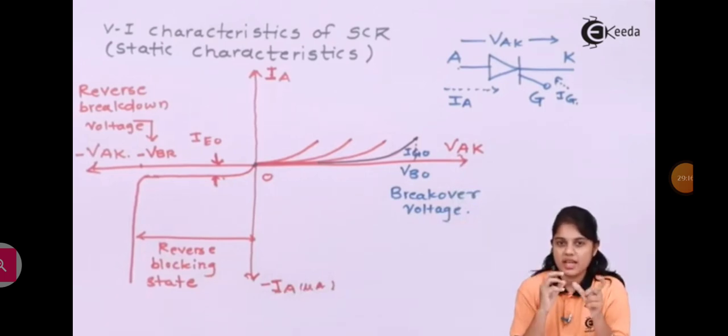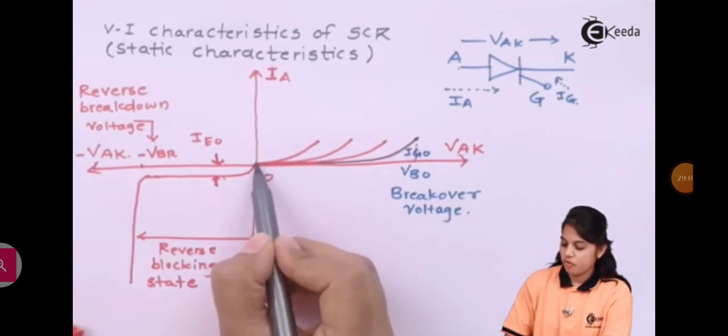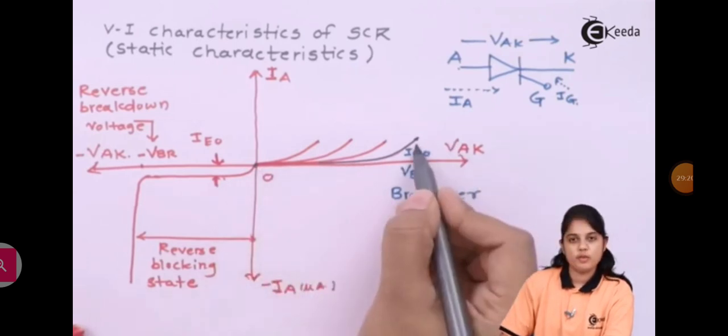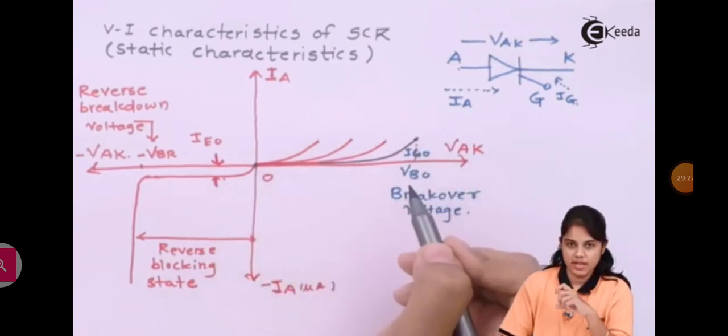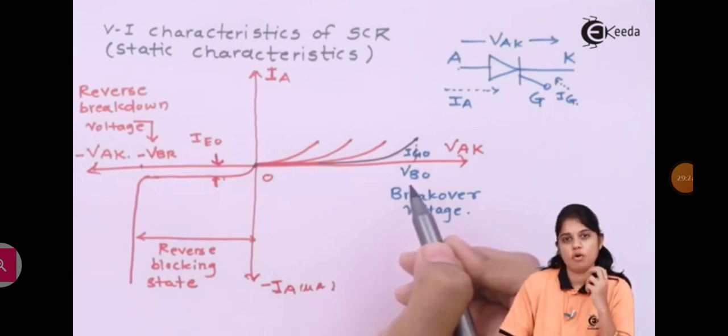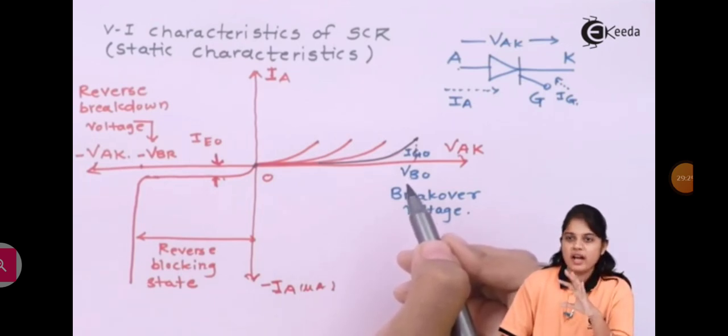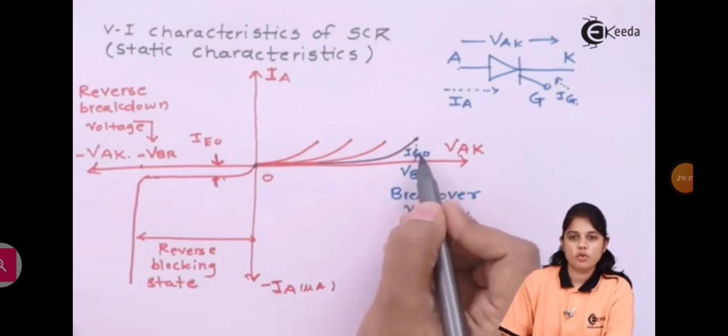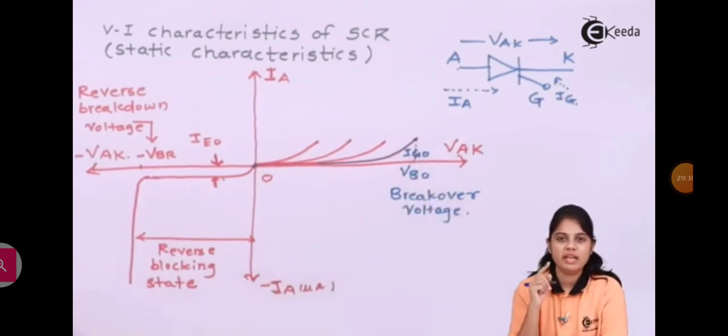Now in this case, if my SCR voltage reaches VBO, that is the breakover voltage, after breakover voltage my SCR can be turned on. Now there are many methods to trigger an SCR, but until it reaches the VBO, my SCR will remain in a forward blocking state.